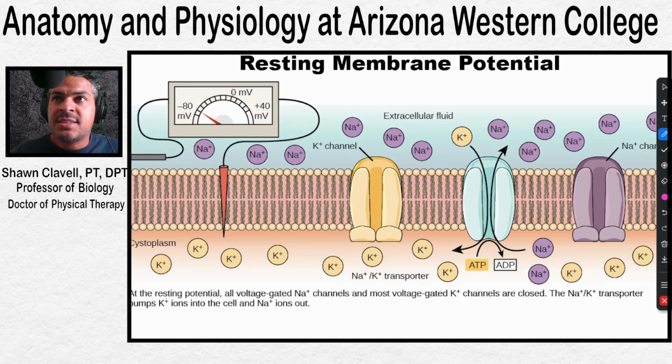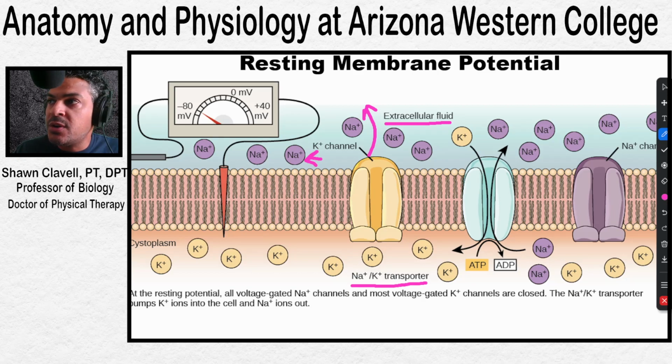So at resting membrane potential, we can orient ourselves into this graph, but it's the same thing that we've been looking at. We've got a high concentration of sodium in the interstitial fluid, or the extracellular fluid here. And then the sodium potassium pump, or the sodium potassium transporter here, releasing 3 sodium ions into the extracellular space, while bringing 2 potassium ions into the intracellular space there, the cytoplasm.